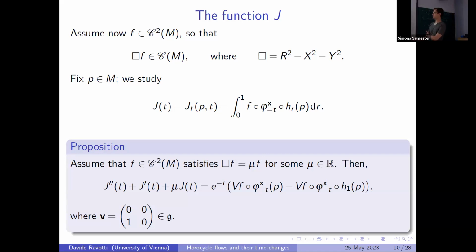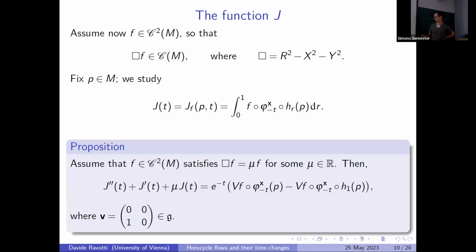Something that depends on p and depends on t. Do not spend too much time looking at what it is now. But what it is saying is that my function j, as a function of time, satisfies, on the left-hand side, a very nice linear constant coefficient second order ODE, equal to e to the minus t times something.